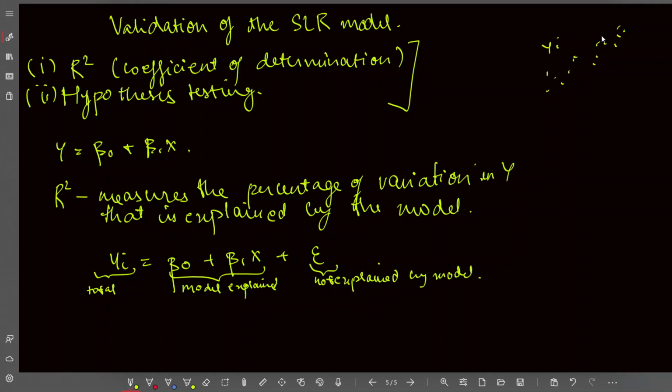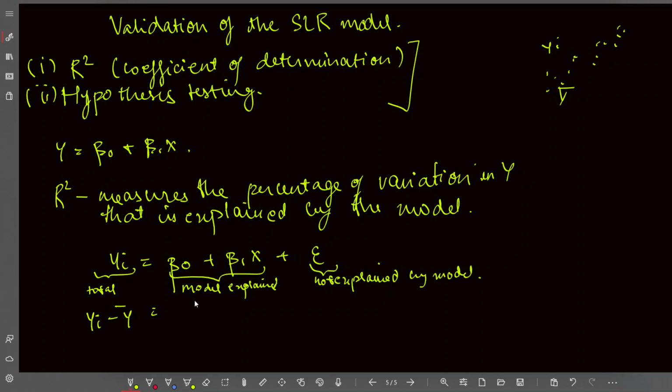I can take the mean of all of these points, call it y bar, and give that as the output. So y bar is my output value in the absence of a model. So I can write the total variation as yi minus y bar, because if I don't have the model, then this will be my total variation.